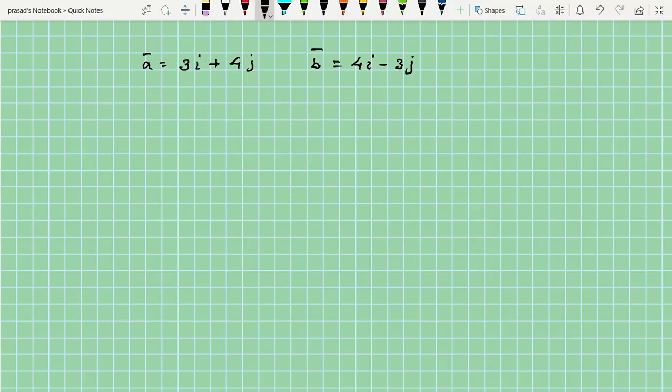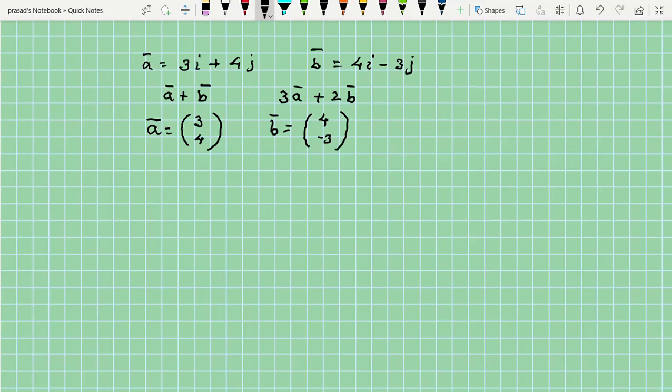So you have to find the vector A bar plus B bar, and secondly 3a bar plus 2b bar. Now as I told you just now, in such cases express the vector as a column vector. So A bar I will express as the vector (3, 4). B bar is (4, -3).